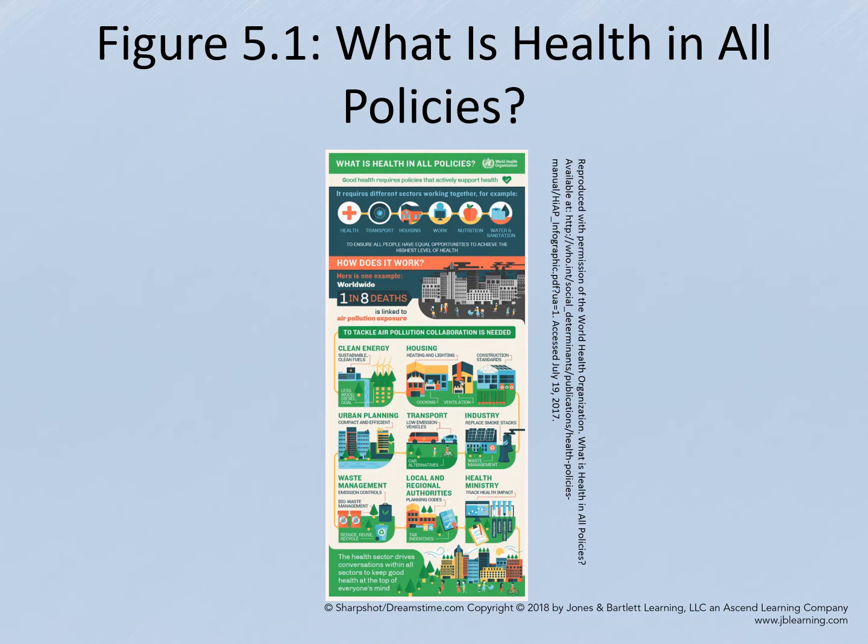We need local and regional authorities that ensure that polluters are highly taxed if there is a lot of pollution, and incentives are given when they practice lesser pollution of air. And the health ministry has to further track the health impact of higher air pollution.